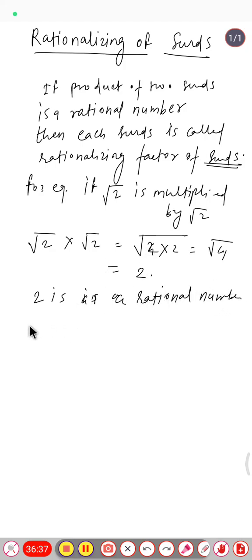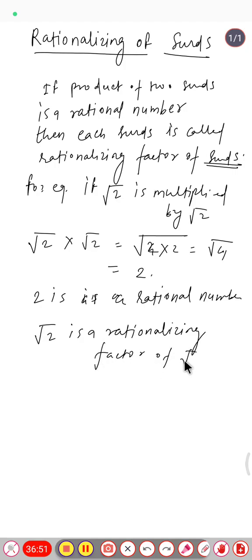So root 2 is the rationalizing factor of root 2. Understand? For example, let's see one more example.